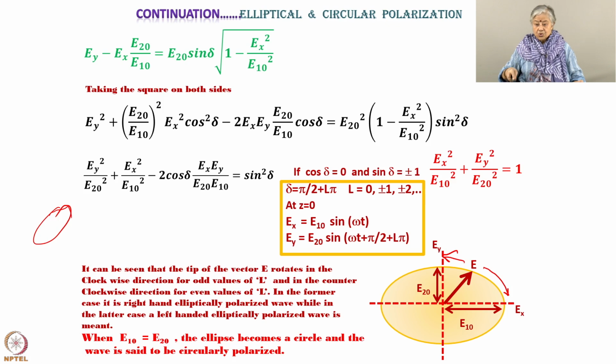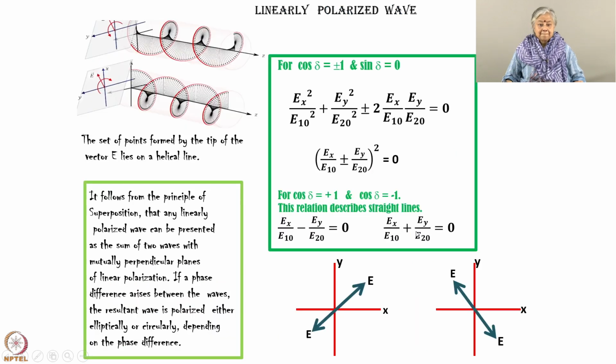It is exactly what this tip traces out, a circle or an ellipse, whatever. In that specific case, it is a circle. This tip will go around like this. If it is like this, it is right circularly polarized. If it is like that, it is left circularly polarized. Okay. That is the whole idea.